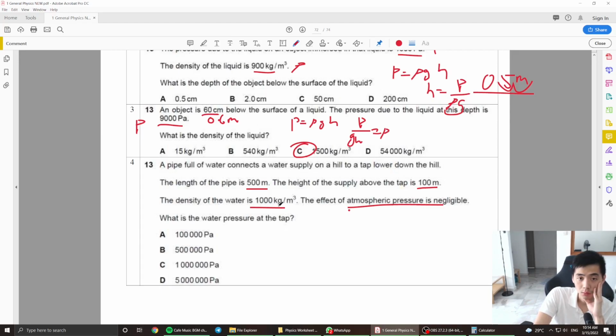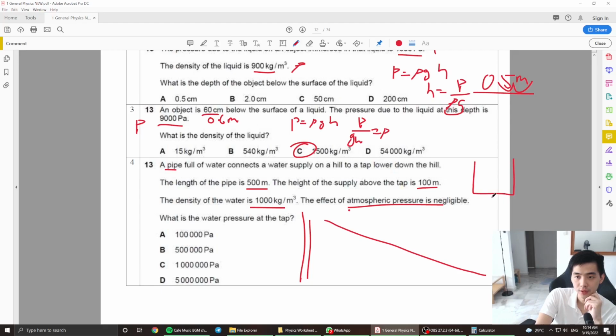Well, I'm having a hard time imagining how this pipe is. Is the pipe going to be like this, or is the pipe going to be downwards like this? A pipe full of water connects a water supply on a hill to a tap lower down the hill.